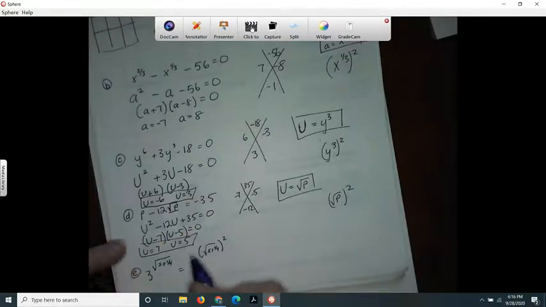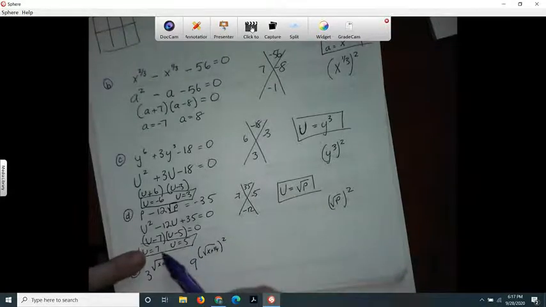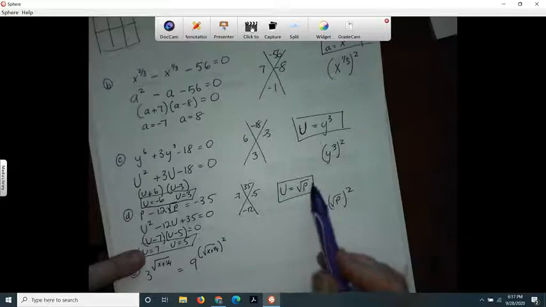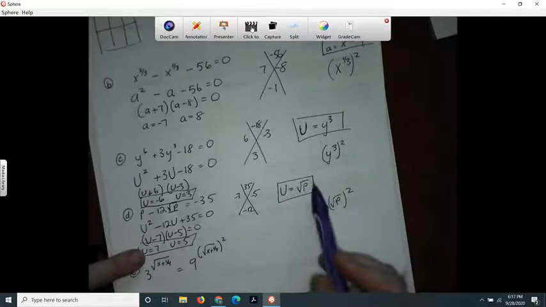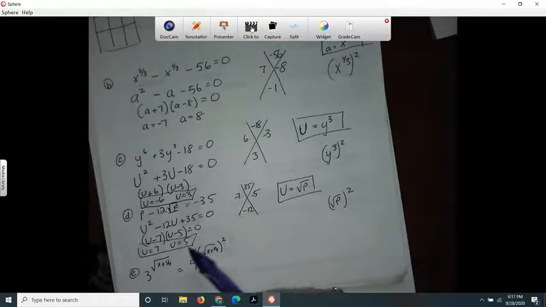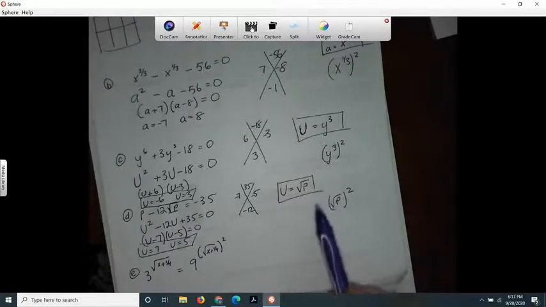And then I'm not done yet. I would have to plug those in over here. So I would say 7 equals square root p, and I'd have to square both sides. P would be 49. And then 5 equals square root p, which would make p equal 25. So I'm not solving these, I'm just showing you how to set them up.